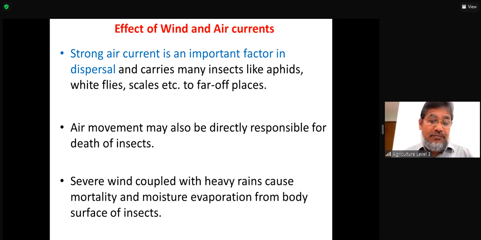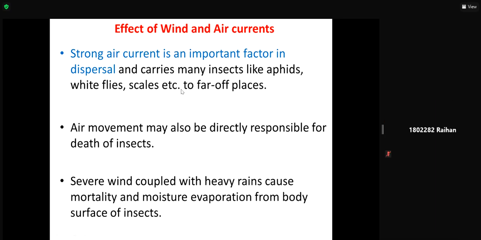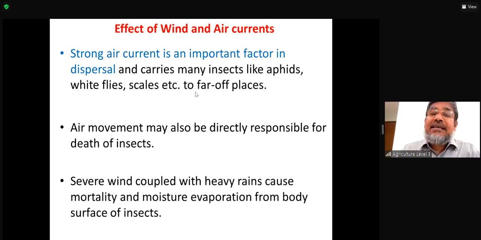So most of the insects will not take flight when the speed of wind exceeds the normal flight speed. So that is important. They stay somewhere. But what can happen? Some small insects like aphids, whiteflies, and scale insects are taken when the strong wind comes.